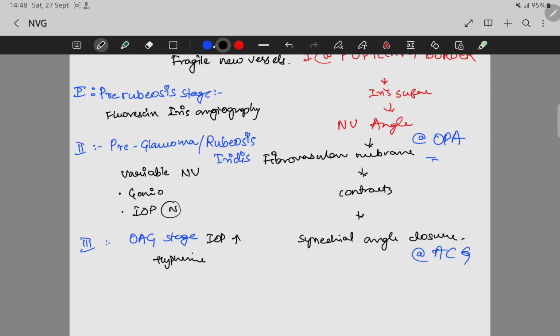Then we have the angle closure glaucoma stage. Most of these cases present at this stage. Because of contraction of the membrane in the angle, it leads to synechial closure, atrophy of the uvea, and a flat appearance of the iris.